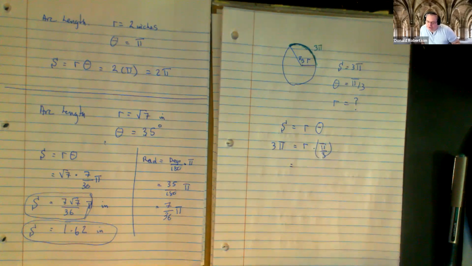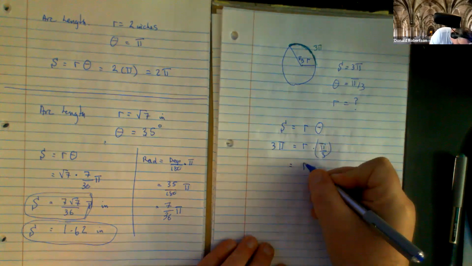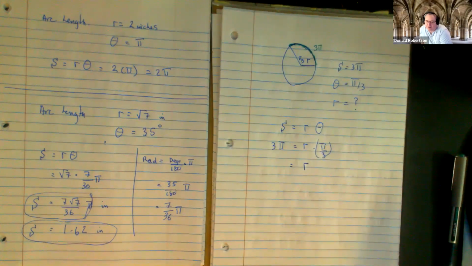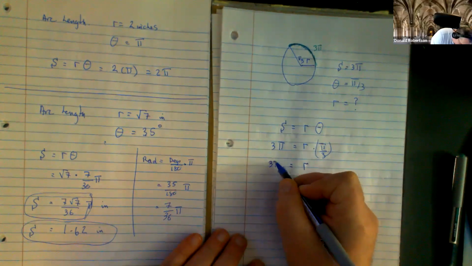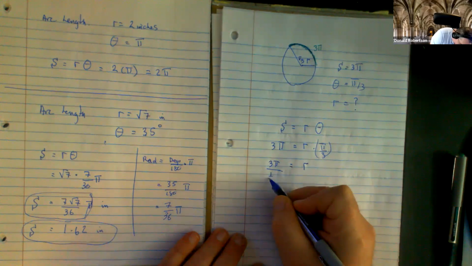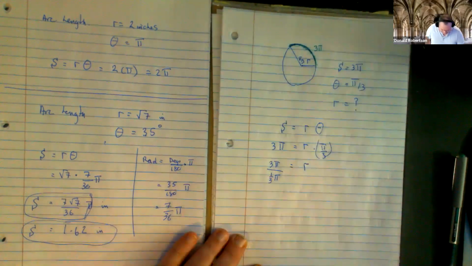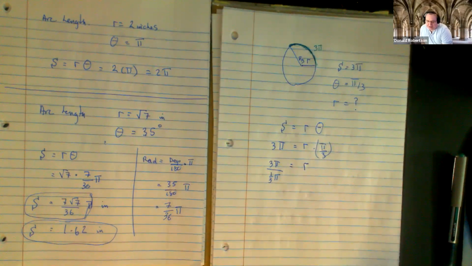As long as you do it to both sides, it's okay. So what do I do to both sides to find r? Divide by pi over 3. Okay, so you take that guy and you divide them. I'm going to call pi upon 3 a third pi, right? Just because it looks nicer.